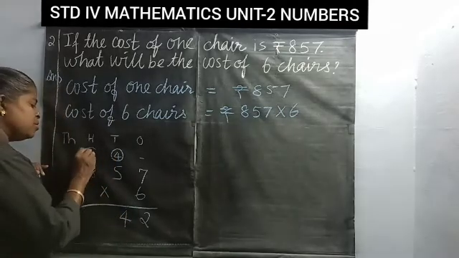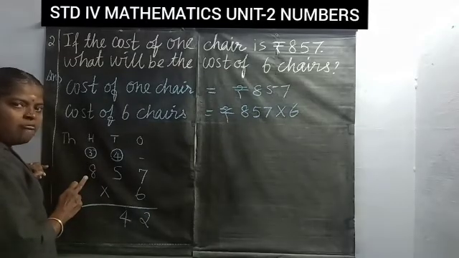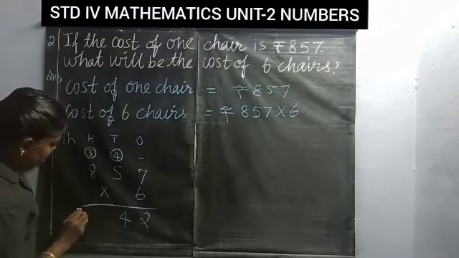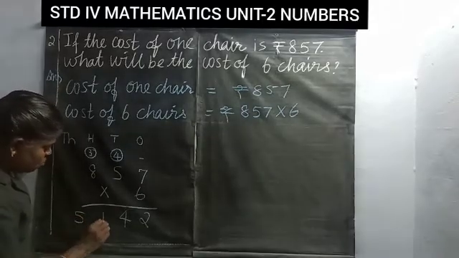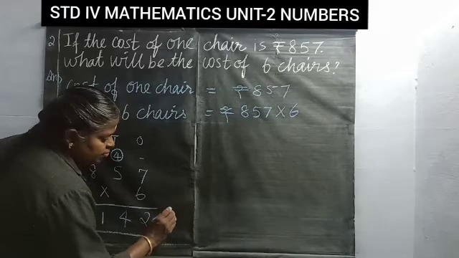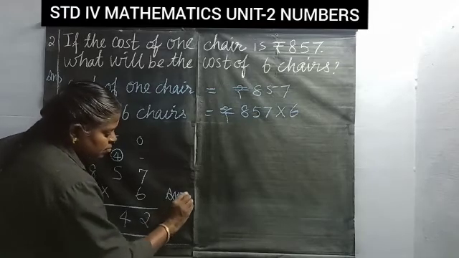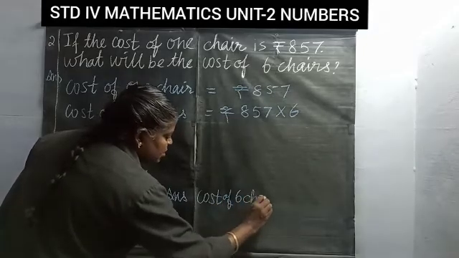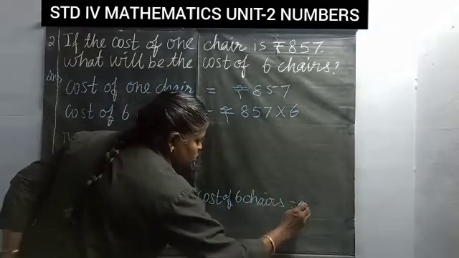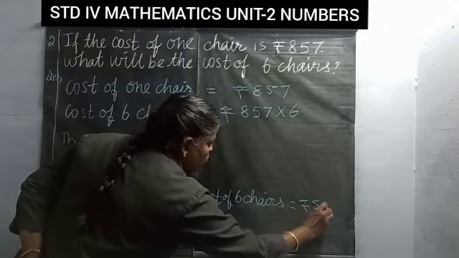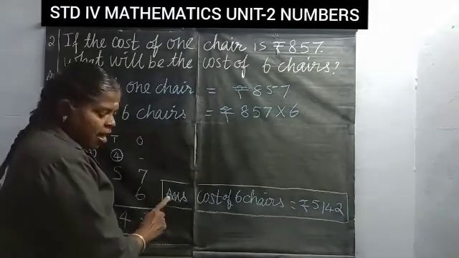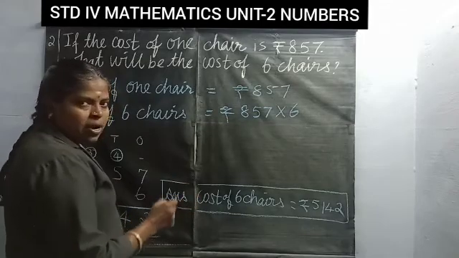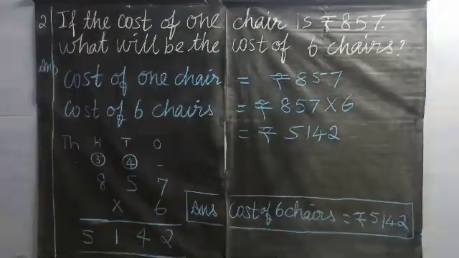Carry over 3. 6 8s are 48. 48 plus 3, 51. So answer: cost of 6 chairs equals rupees 5142.